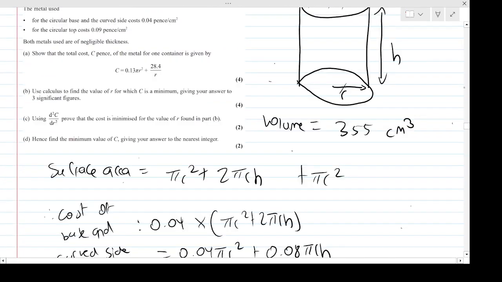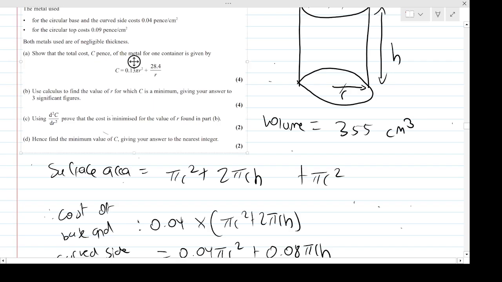Then part D. Oh no, sorry, part C says, using the second derivative, prove that the cost is minimized. So we need to use the second derivative test and look at the sign of the second derivative at the value of r.